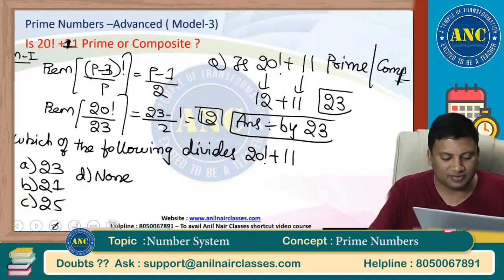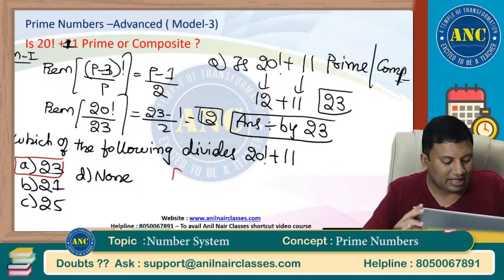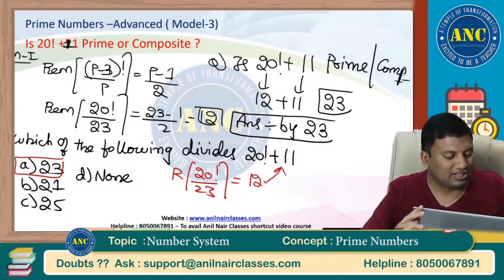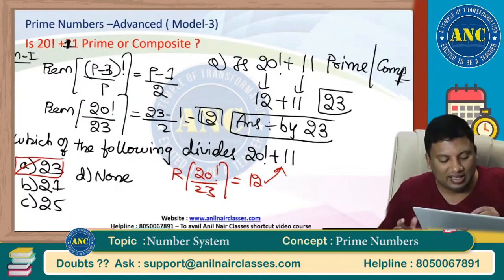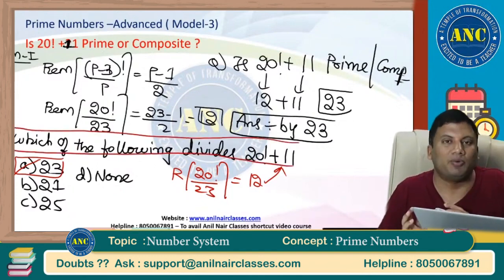This is the best way of solving, because if I take 23, I will get 20 factorial divided by 23, which is 12. 12 plus 11 is 23. So, the answer is 23; it is perfectly divisible. This is the best way of asking the question. Otherwise, the question will become a cakewalk for you, sir.